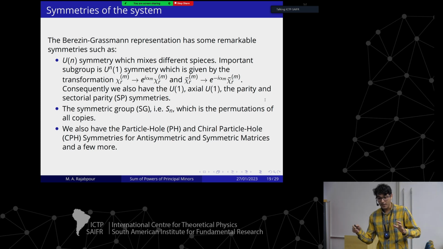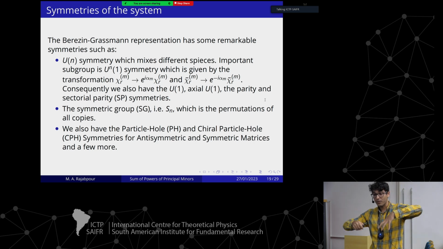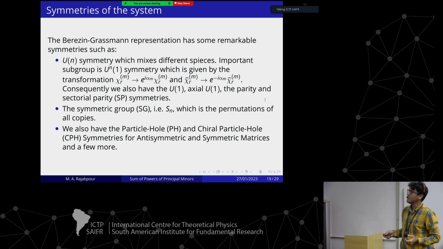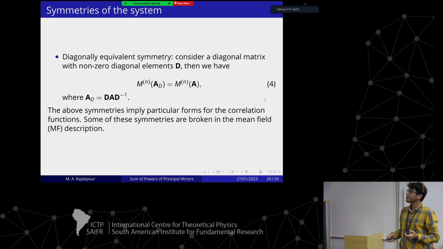For the general ones, we have a lot of symmetries, but for symmetric and anti-symmetric matrices, we have even further symmetries. Another symmetry is that this sum is the same for matrix A and any matrix AD, which is made out of a diagonal matrix D, like this. So this is also one of the symmetries of the system.